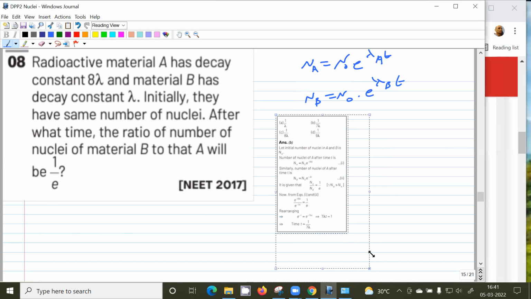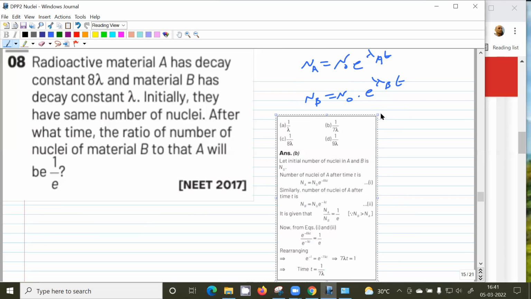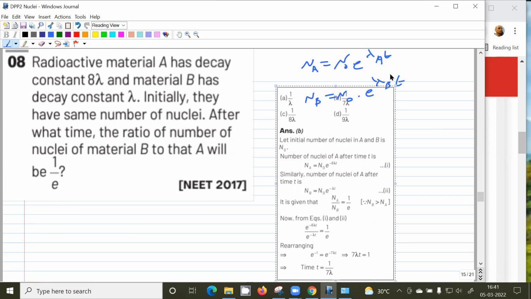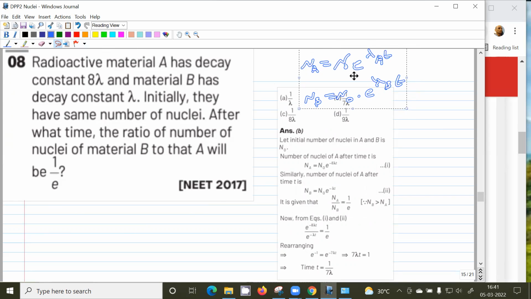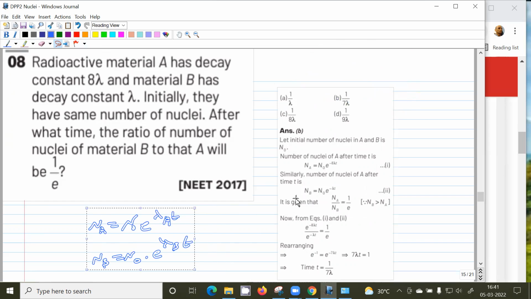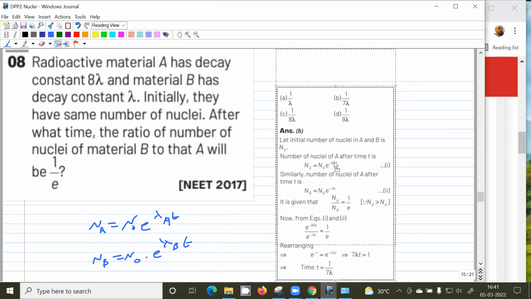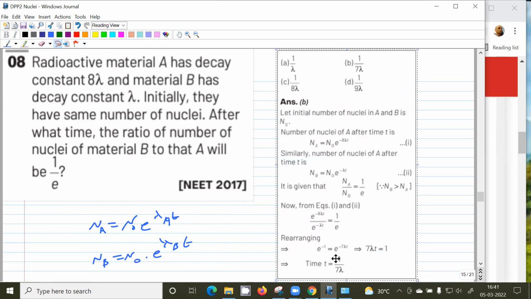Lambda is the decay constant, right? It's a positive quantity. Time is also positive. B to A, only 1/7, no, sir? But here they have done it like A to B. So what is the ratio? So it's B to A, so NB by NA.